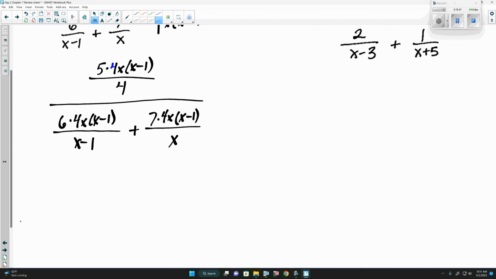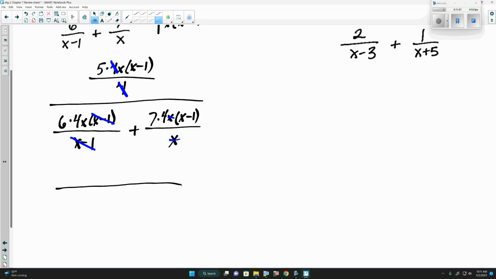And when we do this here, some of our terms will simplify. In the numerator, the 4 and 4 will simplify out. In the denominators, the x minus 1 and x minus 1 will cancel. And here the x and x will cancel.